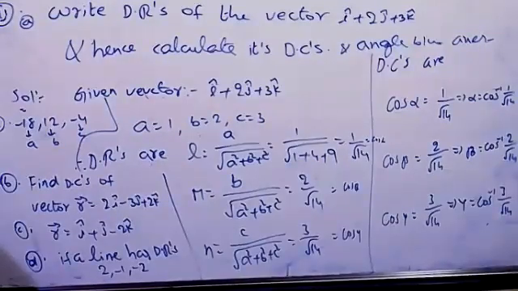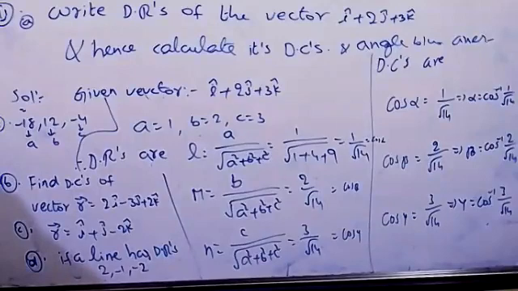Excuse me, sir. Yes, tell me. Sir, C1, cos alpha is 1 by root 6. Yes. Cos beta is 1 by root 6. Yes, good. And cos gamma is minus 2 by root 6. Yes, good. Very good. Next. Sir, D1, cos alpha is 2 by 3. Cos beta is minus 1 by 3. And cos gamma is minus 2 by 3.